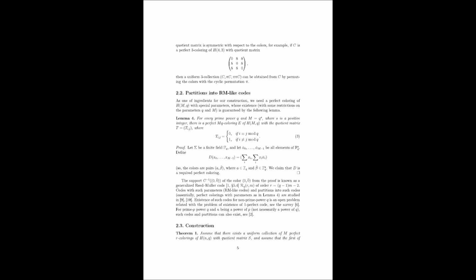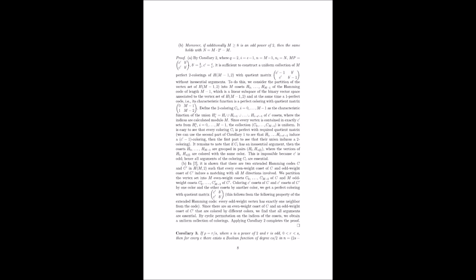Okay, and what about the specifics? How does this construction achieve that efficiency we were talking about? As we add more layers to our coloring, the diagonal part of the quotient matrix grows exponentially, while the off-diagonal part grows linearly. Now, what's the significance of that? It means that as our colorings get bigger and more complex, we can pack a lot more essential information into them without losing control of the overall structure.